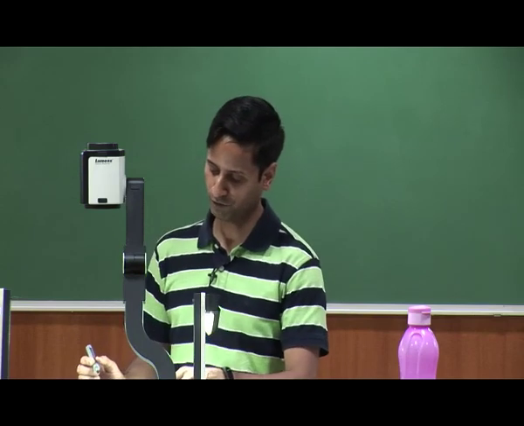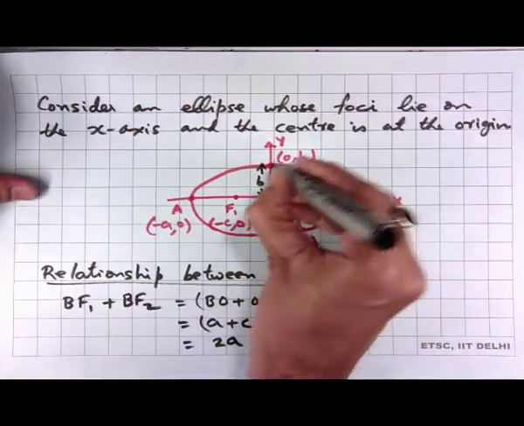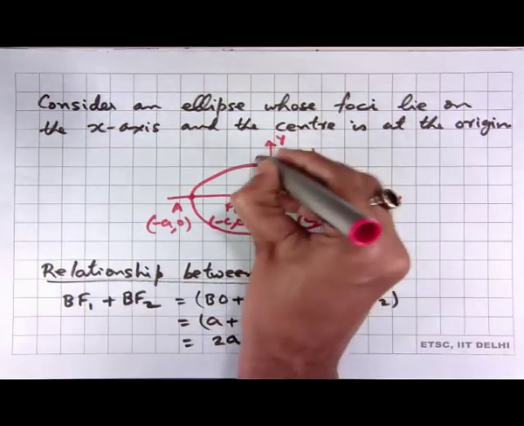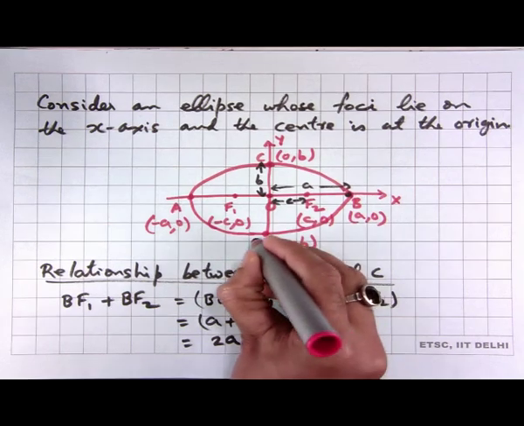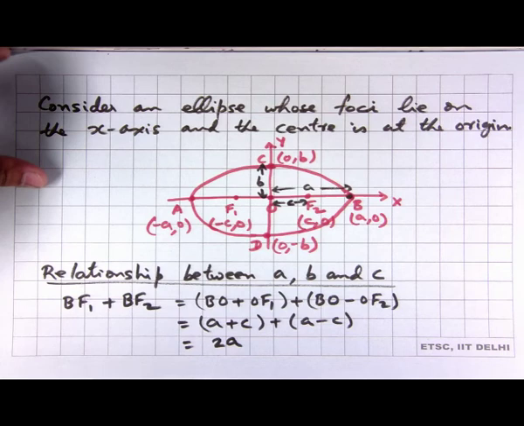Similarly, let us calculate the distance for the point on the minor axis; let us call these points C and D. What is CF1 plus CF2?